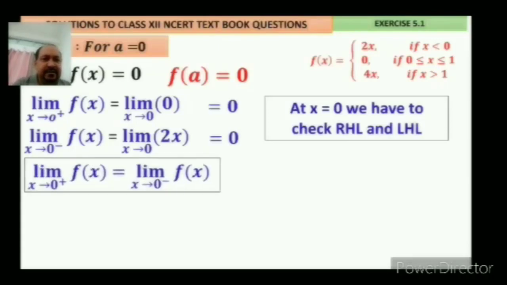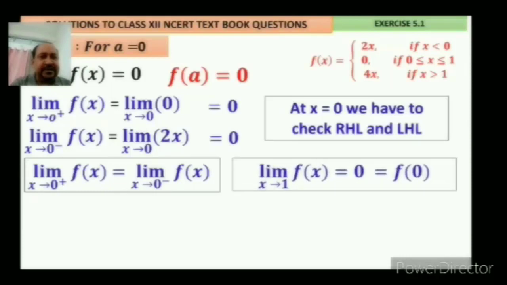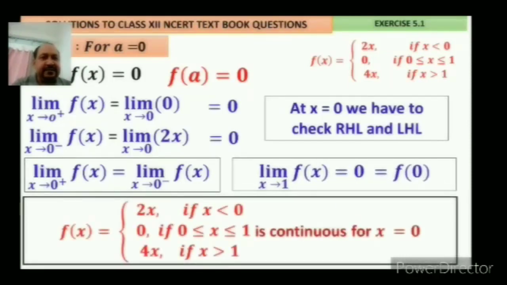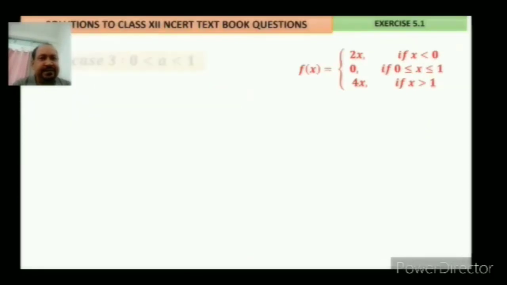Therefore the LHL and RHL are equal to each other, and it is also equal to the functional value of the function, which is also equal to 0. So you can say that the function is continuous at x equal to 0.